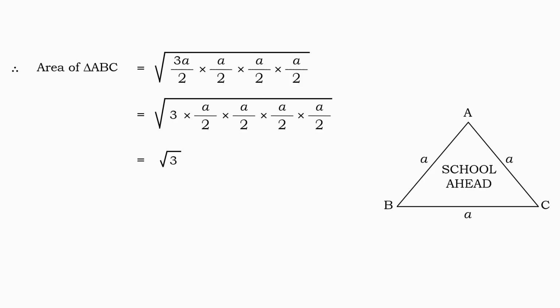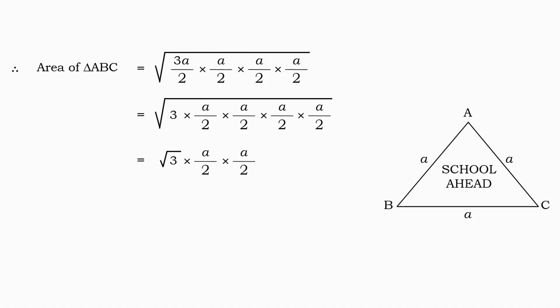So now if we take the square root, 3 will remain inside the square root, since there is no pair for 3. Now a by 2 and a by 2, if you check, there are two pairs, right? a by 2 into a by 2, so this will pair and come out.